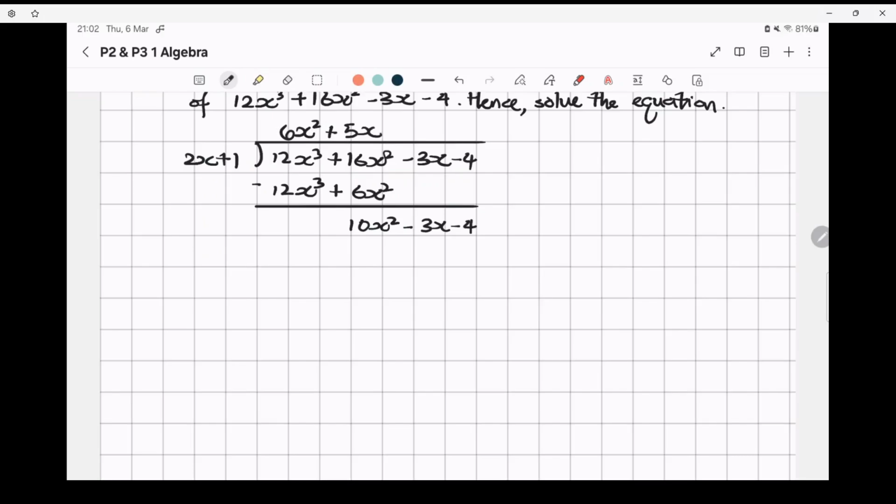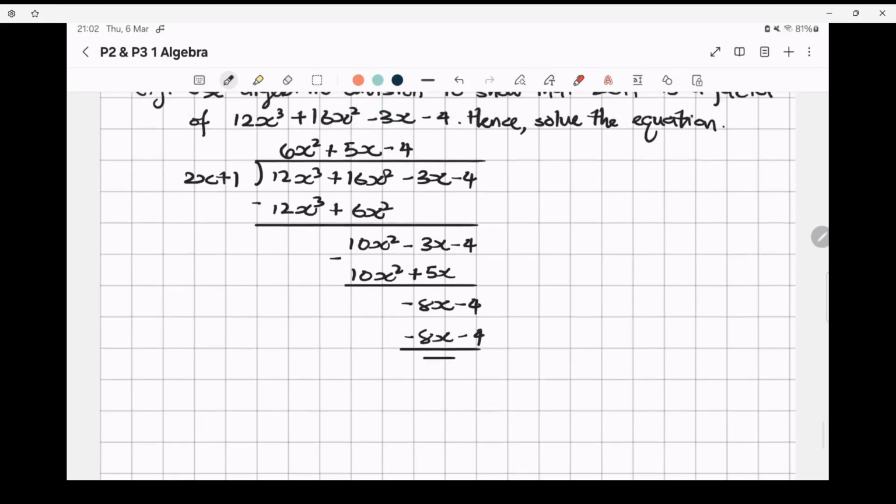So 2 times 5 is 10x squared plus 5x. Minus again, so now you have minus 8x minus 4. So you multiply with minus 4, and you have minus 8x minus 4. This divides perfectly. There is no remainder.